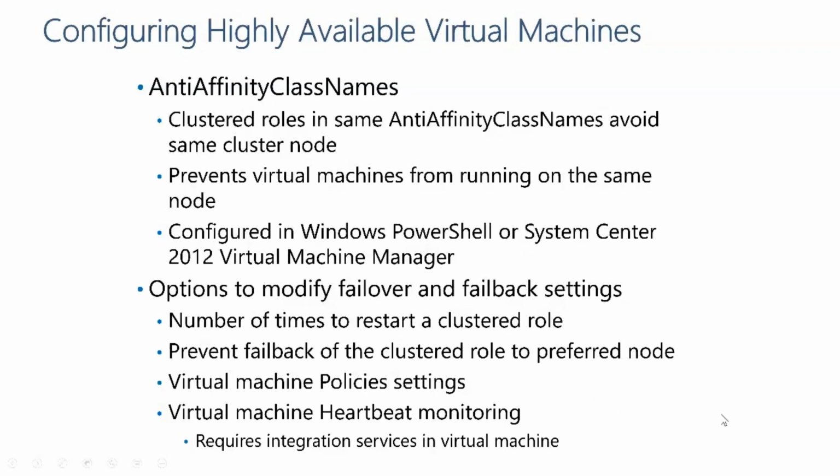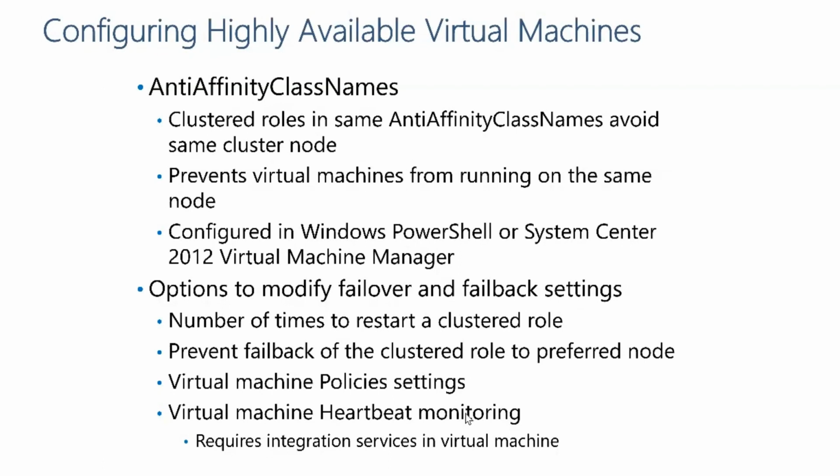So these are rules surrounding the virtual machines, and obviously the virtual machine heartbeat monitoring. If you remember, we talked about heartbeat monitoring. The idea of the heartbeat: I am alive, I am alive. Normally we monitor the host, because that's how we detect if the Hyper-V server is down.